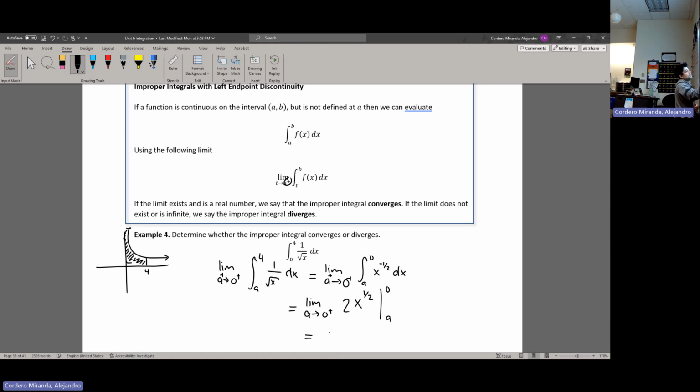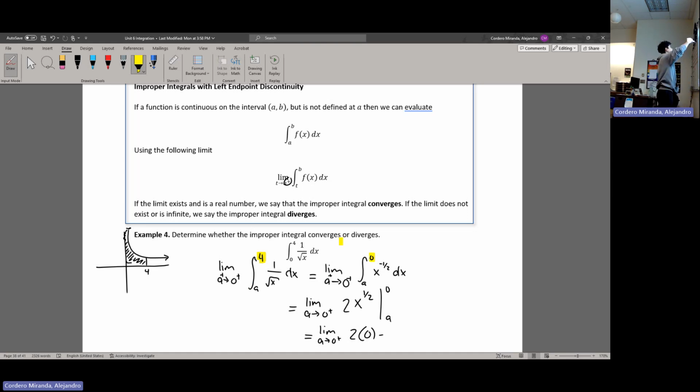That would give me the limit as a goes to 0 from the right of 2 times... I messed up. Because look at how up here originally, that was a 4, and then I changed it to a 0 up here for some reason.